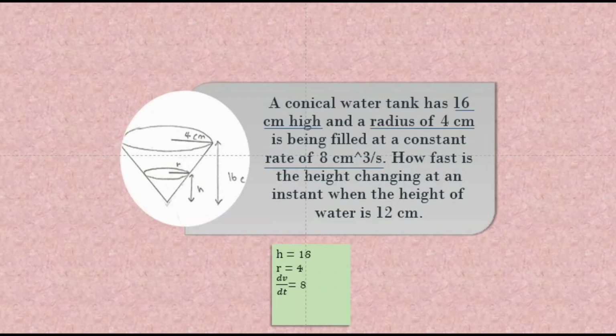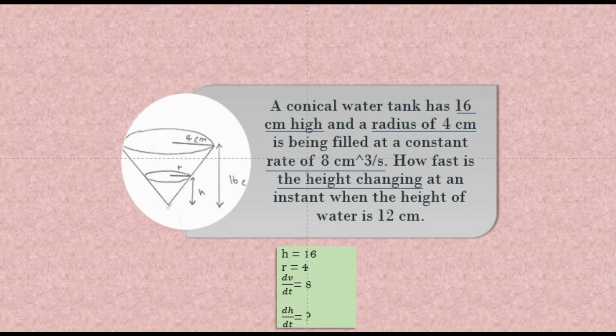Next, the rate is constant at 8 cm³ per second, which is dV/dt equal to 8. The question is, how fast does the height change when the height of the water is 12 cm? That means dH/dt is unknown.